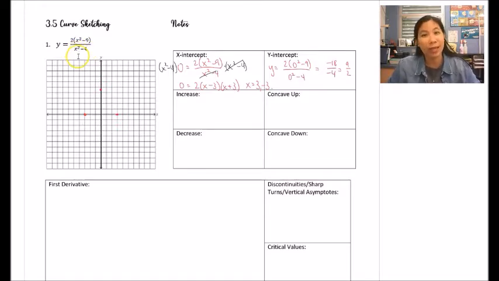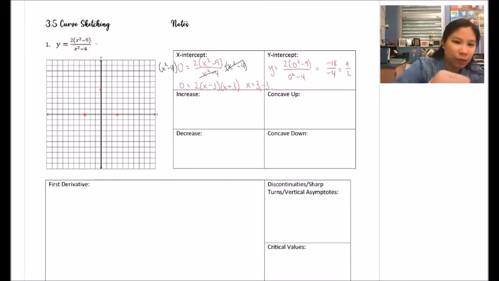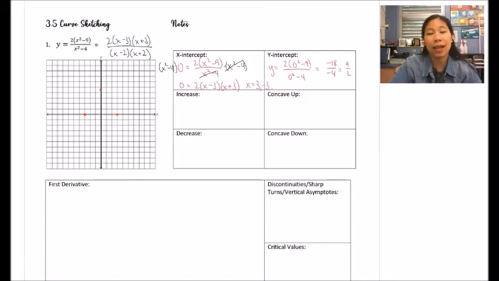One of those rules is we can't divide by 0. So what values of x would make the bottom 0? Because that's where we would end up having a vertical asymptote. If we factor and simplify our original equation, we get 2 times x minus 3 times x plus 3 over x minus 2 times x plus 2. Which means x can't be 2 or negative 2 because those values would make the denominator equal to 0, and we don't want that. So we have discontinuities there.